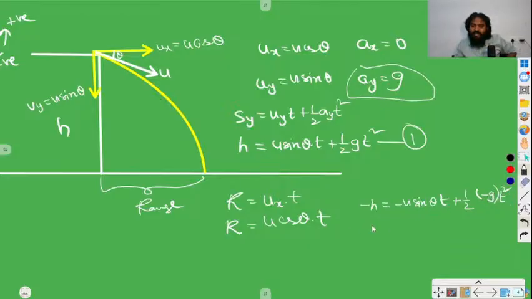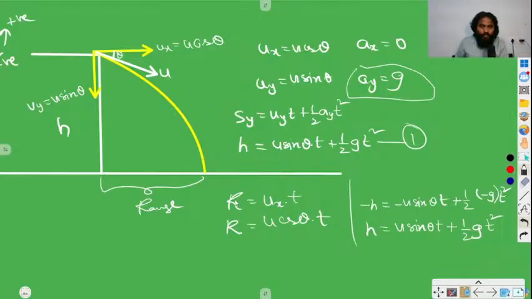So if I send this minus to this side, then h is equal to u sin theta t plus half, minus cancels, right? Half g t square. See, whatever sign convention you use, you will get the same. That is up to your wish.